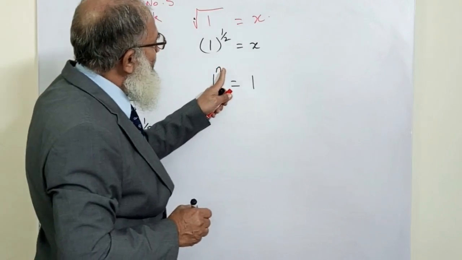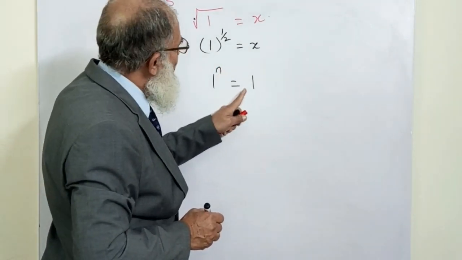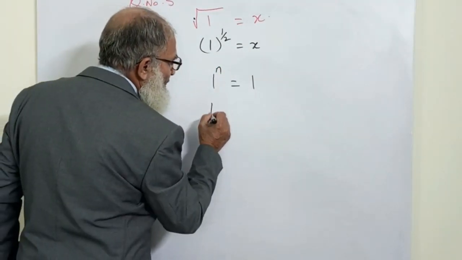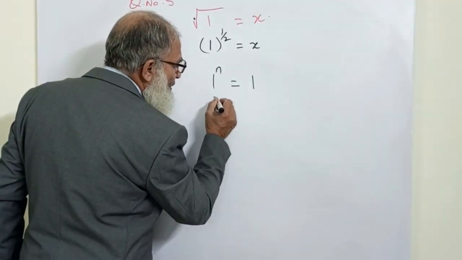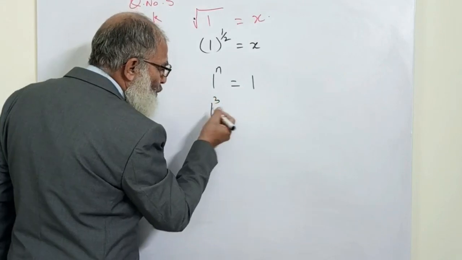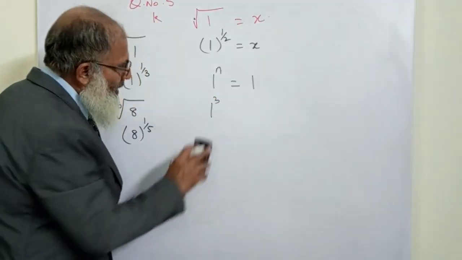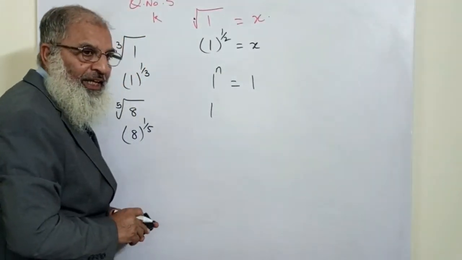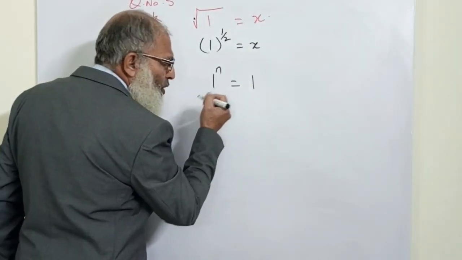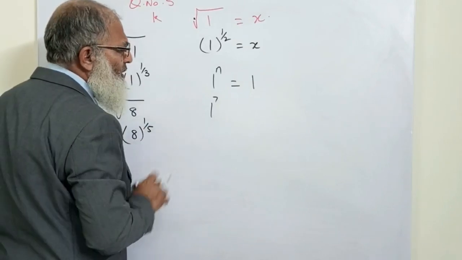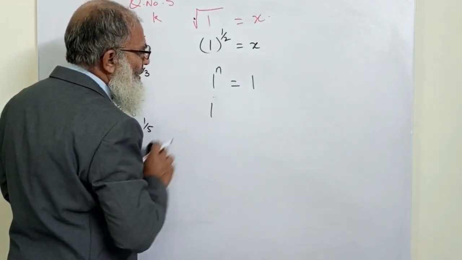When 1 is raised to power n, now what does n mean? It can mean 2, 3, 4, 6, 8, 7, or whatsoever is written over here.